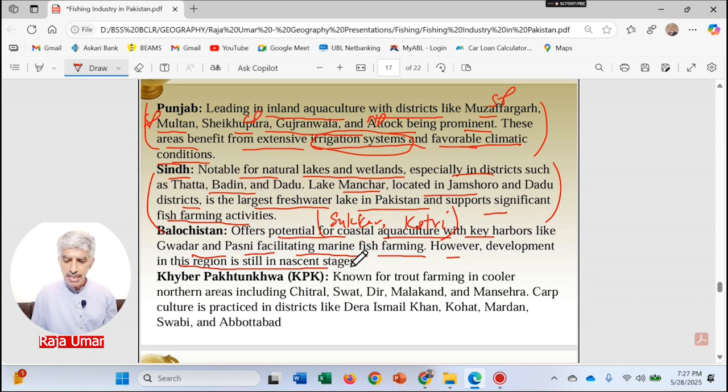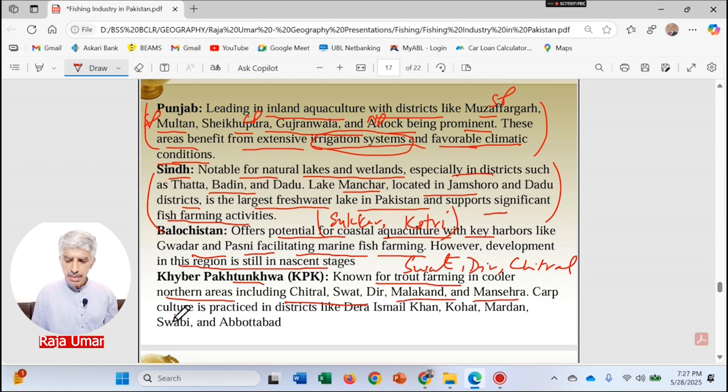The last one is Khyber Pakhtunkhwa province of Pakistan, that is known for trout farming in cooler northern areas: Swat, Dir, Chitral. In those regions trout farming is being done. Malakand division and Mansehra, Hazara.